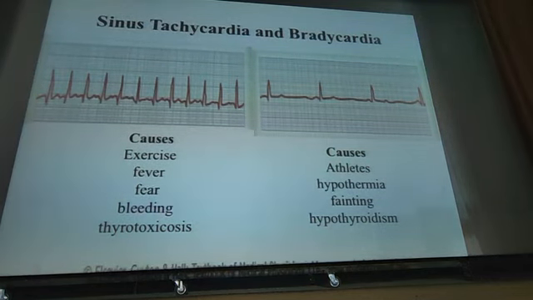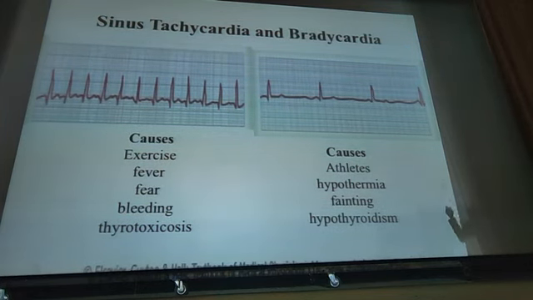Normal individuals, the athletes mostly have lower rates. The athlete rate may be 52, 55, 56, or normal here. Bradycardia, but due to what?